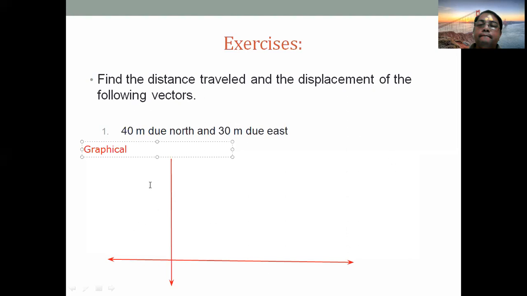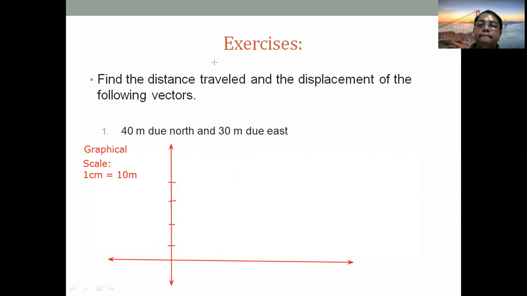Okay, so we resume. Graphical method, our scale. It's important that you have a scale. Our scale is 1 cm for 10 meters. So for our north value, we may label here 4 segments: 1, 2, 3, 4.